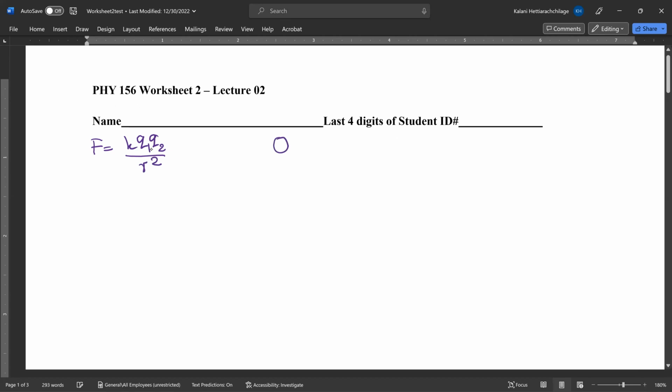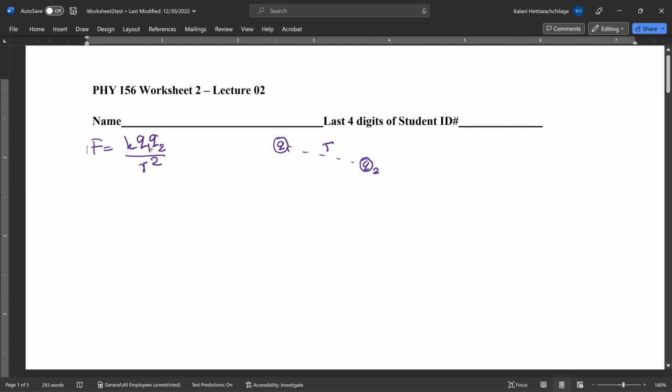If I have Q1 here, Q2 here, and the distance between these two is R. Now the direction of this force depends on the sign of the charges, right? Because we need to draw the free body diagram wherever your point of interest is, and then we get the direction by using the directional information.